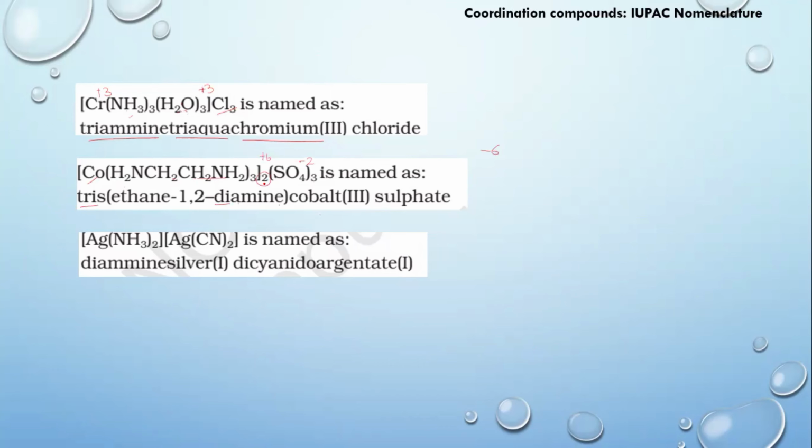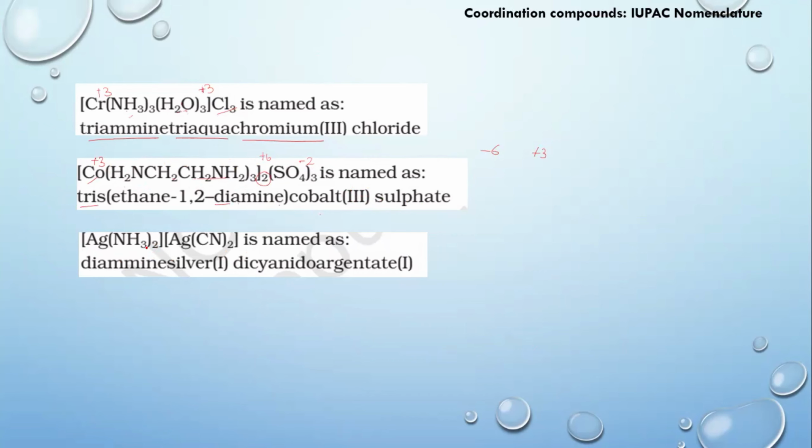Two complex parts are there, therefore for each complex part the charge is +3. Since this molecule is neutral, the +3 is contributed by the cobalt. Therefore, the oxidation number of cobalt is 3. That is written after cobalt: open the parenthesis and write Roman numeral 3.